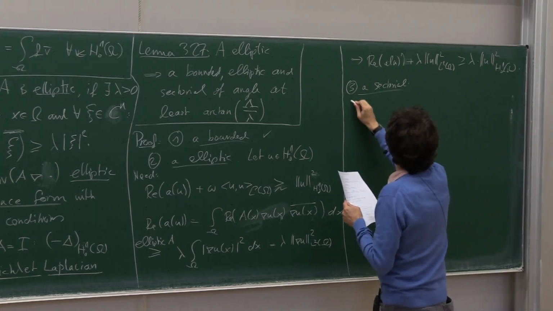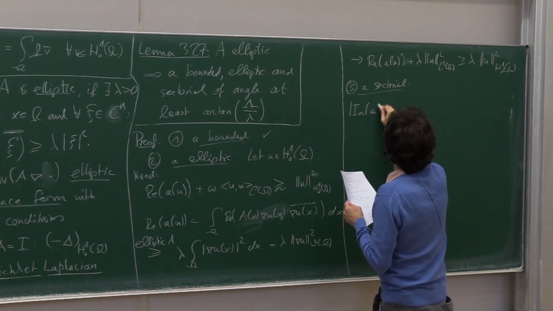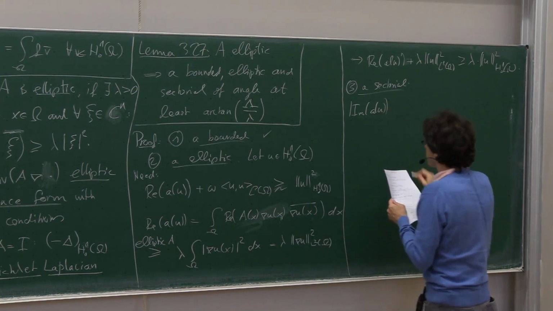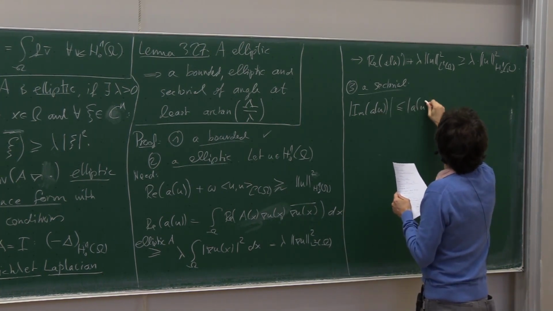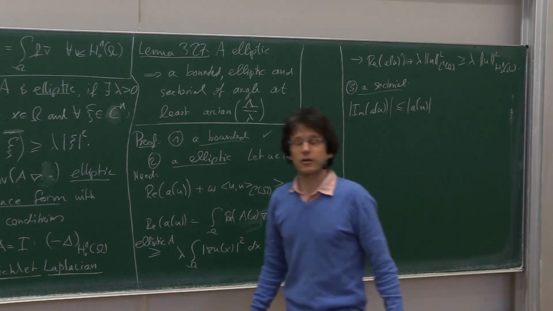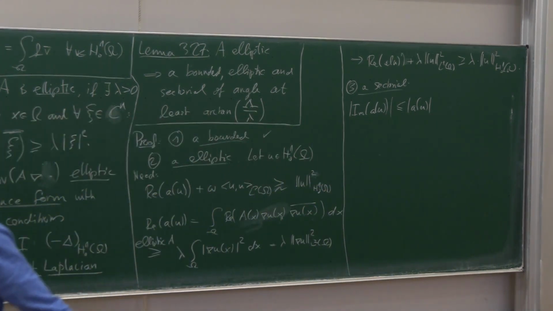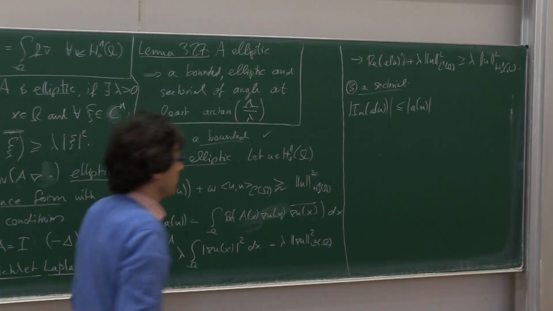And this is very easy here. So the imaginary part of this quadratic form, okay, this is always bounded by the modulus of the quadratic form, just because the imaginary part is always less than the absolute value.